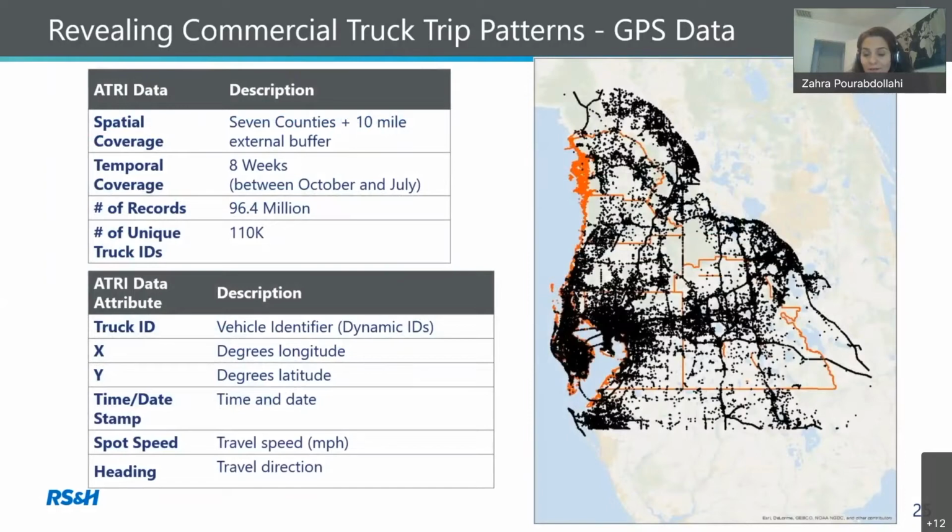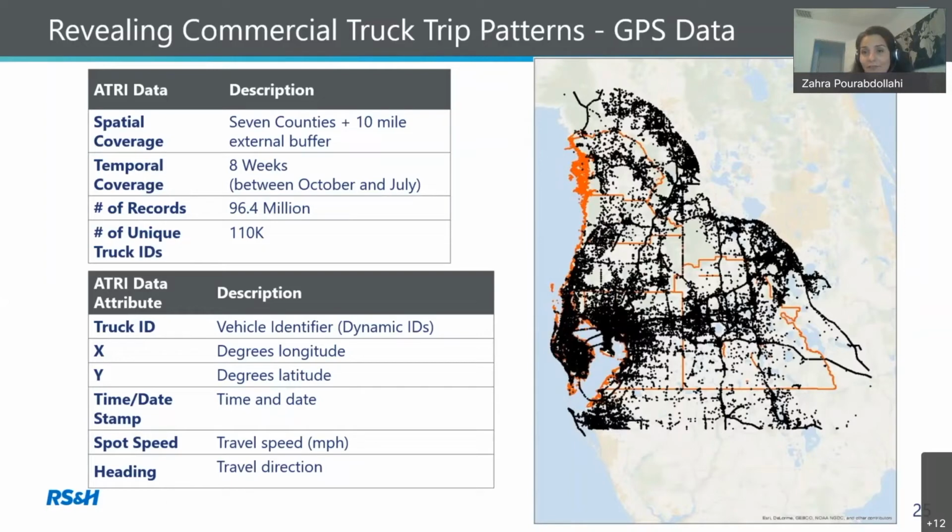It gave us more than 96 million records and information about 110,000 trucks. But what the data actually gives us is very basic.